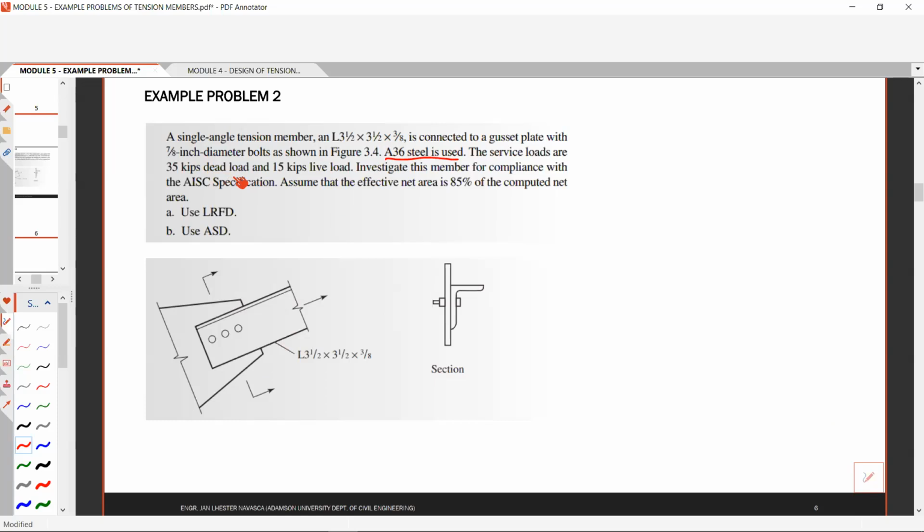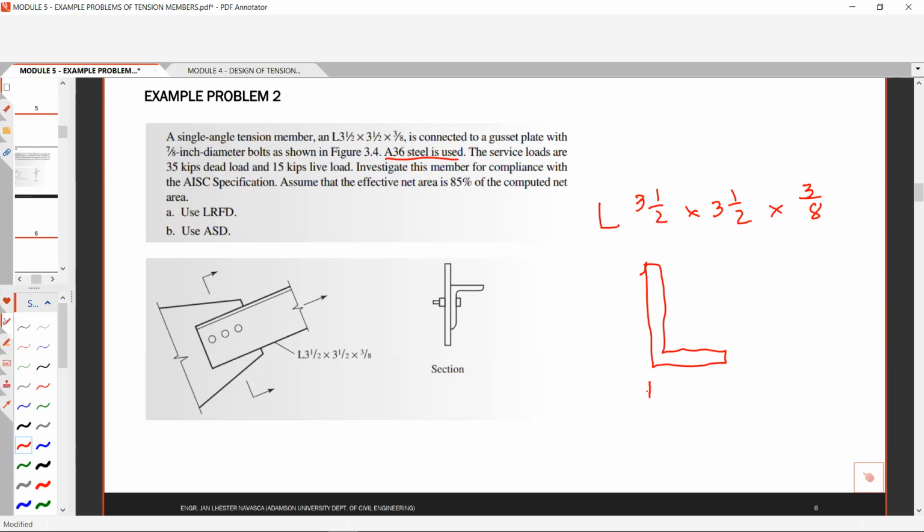Investigate this member for compliance with the AISC specification, and assume that the effective net area is 85% of the computed net area, based on LRFD and based on ASD. Since it is an angle, we say L3 1/2 by 3 1/2 by 3/8. That is this section.